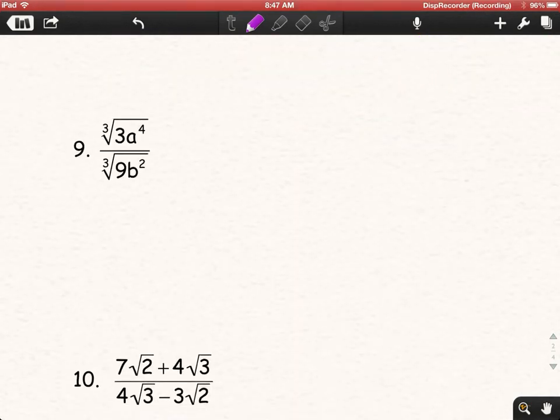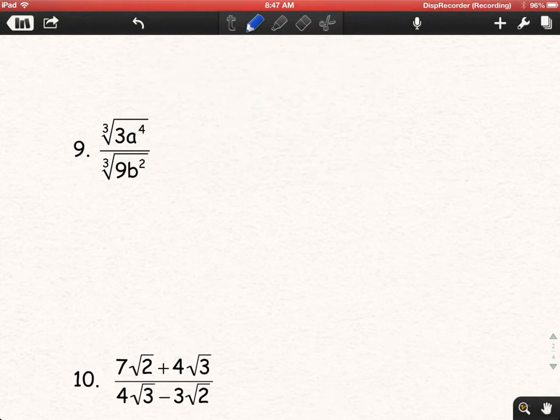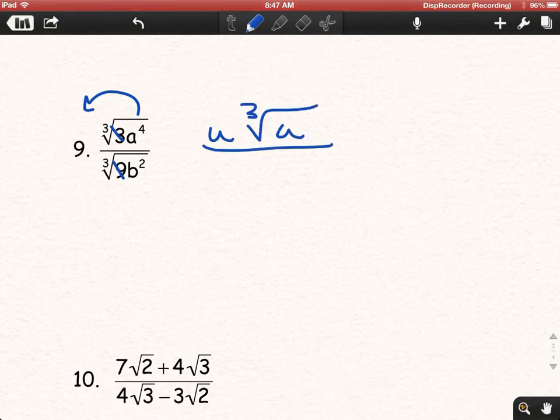Number 9. Number 9 did require some rationalizing, but you could have also simplified first. So let's do some simplifying before we do any rationalizing. So you could have divided by 3, and you could have also taken an a out. So the problem could start like this: a cube root of a all over the cube root of 3b squared.